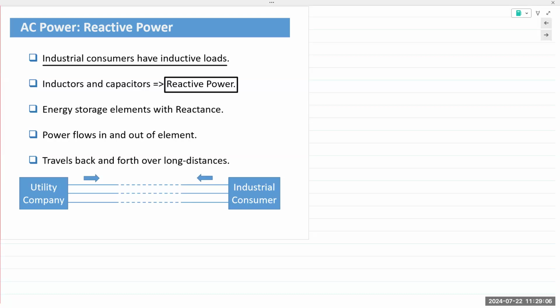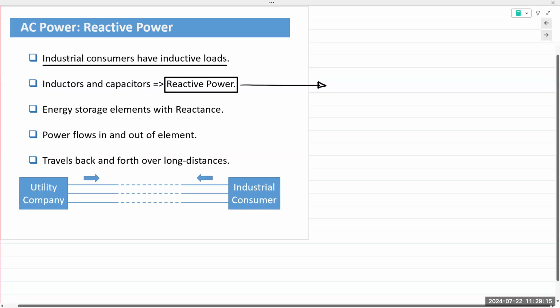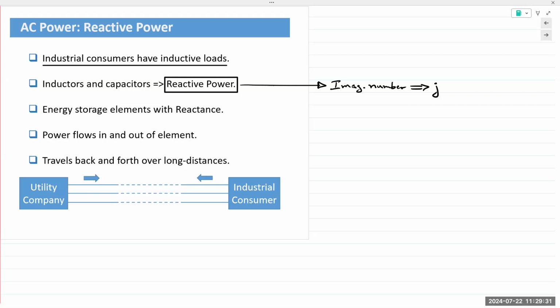Reactive power, like reactance, is mathematically represented with the imaginary number j. The imaginary number j is used to represent it, but there is nothing imaginary about it. It is real. It has a physical basis in real life. Only mathematically speaking, we say it is imaginary reactive power, like imaginary reactance.